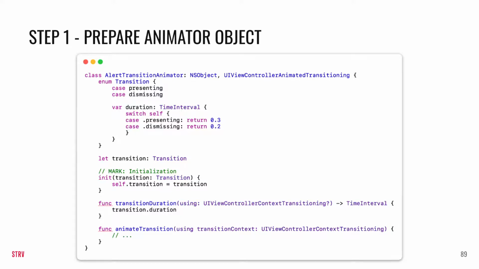And so you can use your own custom property. In my case, I use this enum called transition with 2 cases. And so when you will be creating this alert transition animator, you will just pass whether you want it for actual presentation or dismissal.